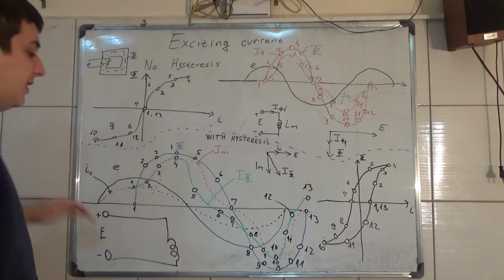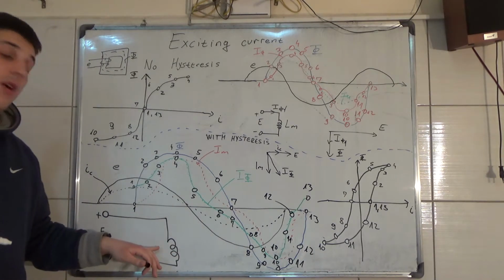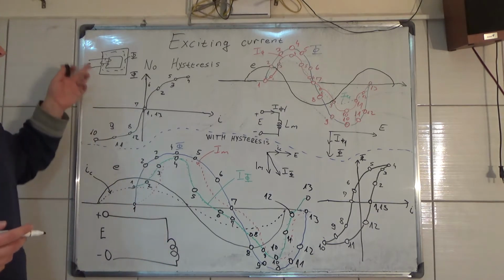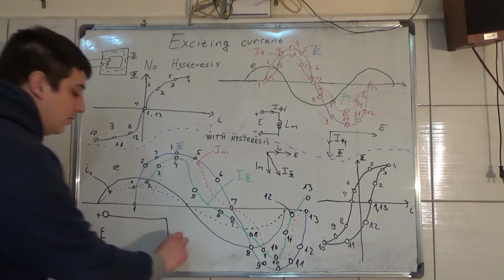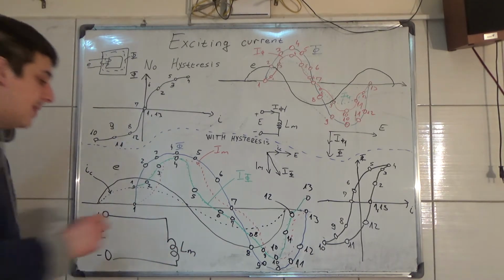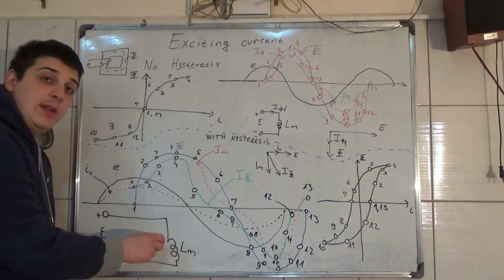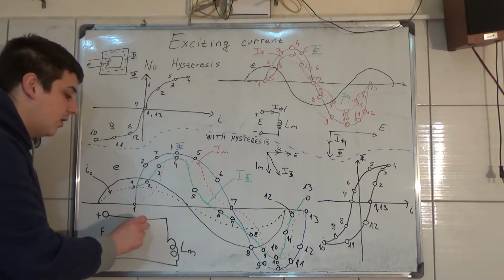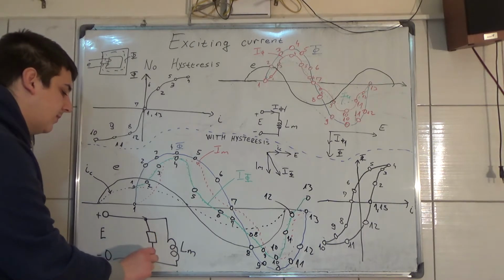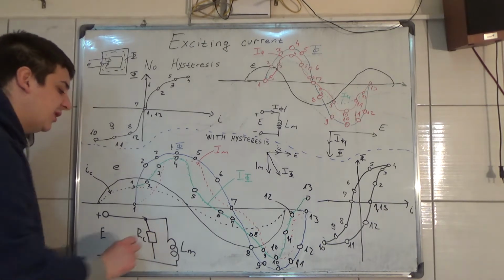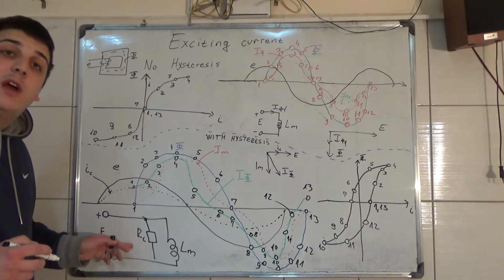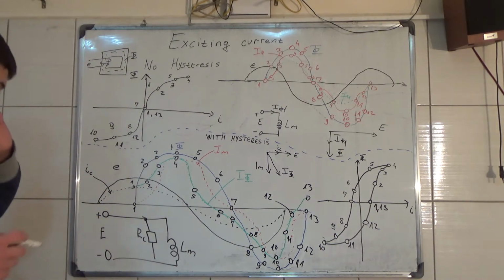We have the inductance of the coil, the inductance of the circuit that we are magnetizing, L index M, and now in parallel with this we have a resistor RC. This represents the resistance of the core.